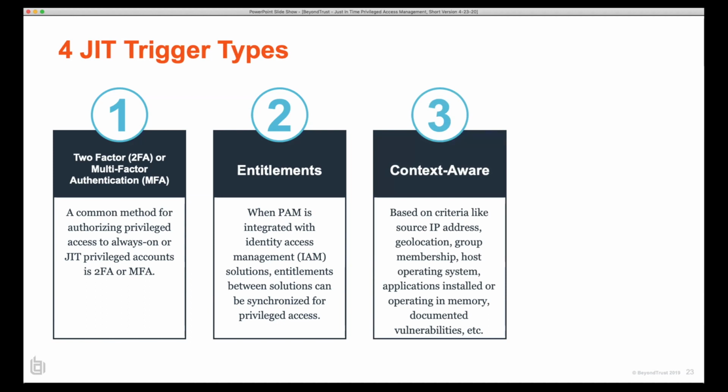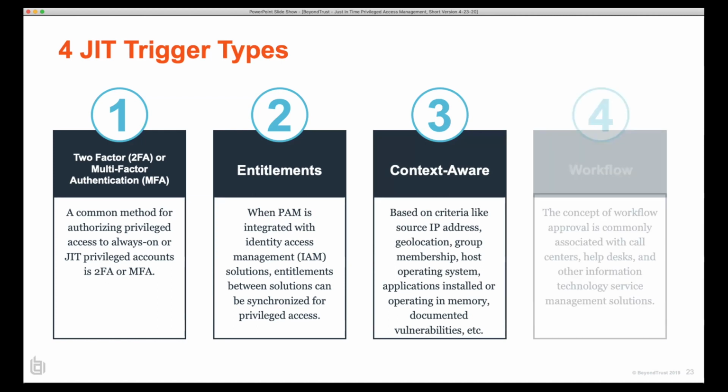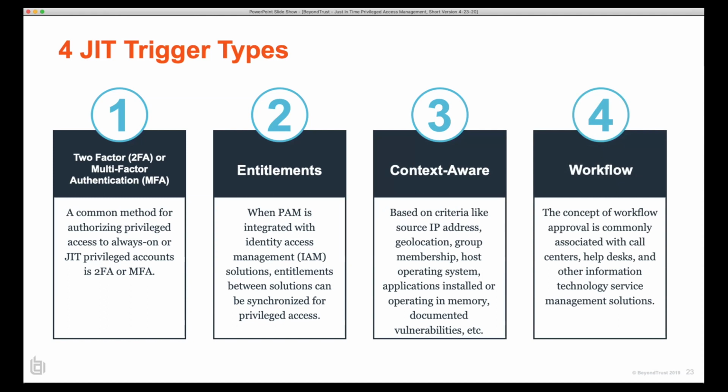Context aware. This could be any type of ABAC, attribute-based access control. Location, IP address, group membership, operating system, managed host, whatever it may be. The context of the system and the user in the appropriate place and time is correct to gain admin rights. And then finally, the workflow.